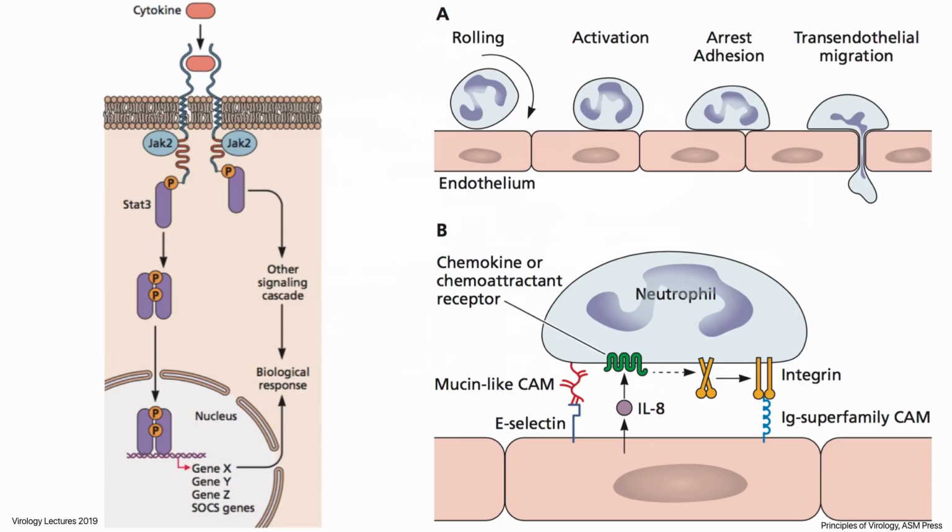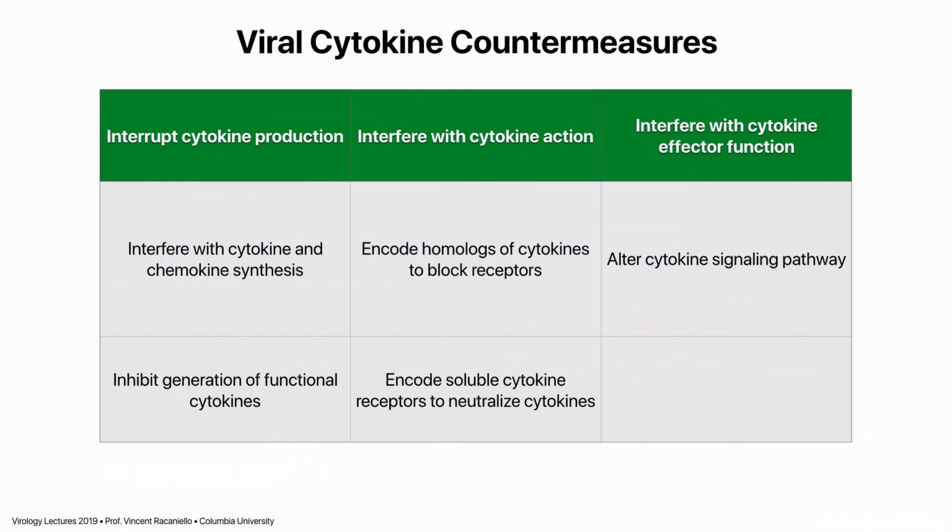That induces signaling, which turns on, in this case, an integrin molecule on the surface of the neutrophil, which binds a molecule on the red blood cell, and that arrests the neutrophil so that it can start transmigrating. So that's what these chemokines do. They attract cells like neutrophils to infected areas and turn on genes that allow them to move there and eventually help clear the infection. And of course, viruses encode countermeasures to chemokines as well.